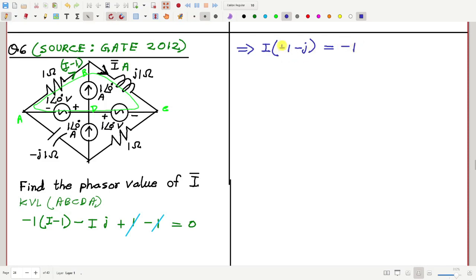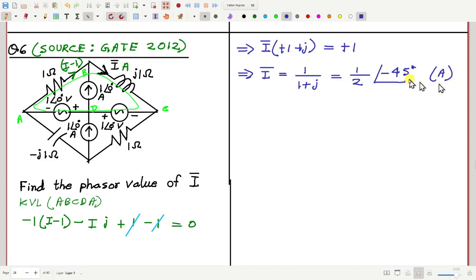Okay, so if I make this plus, then we get I equal to 1 by 1 plus j. Okay, you can further simplify it. This will be equal to 1 by root 2 angle, how much will be the angle? Minus 45 degree.